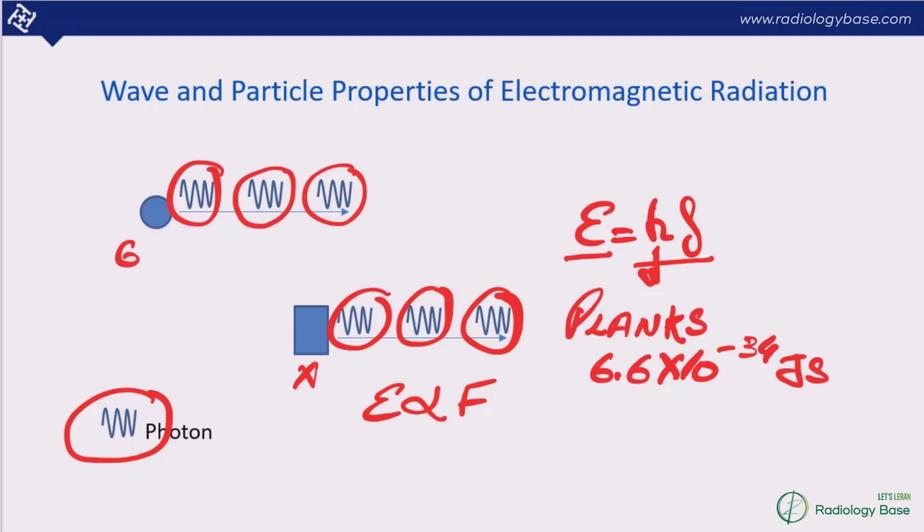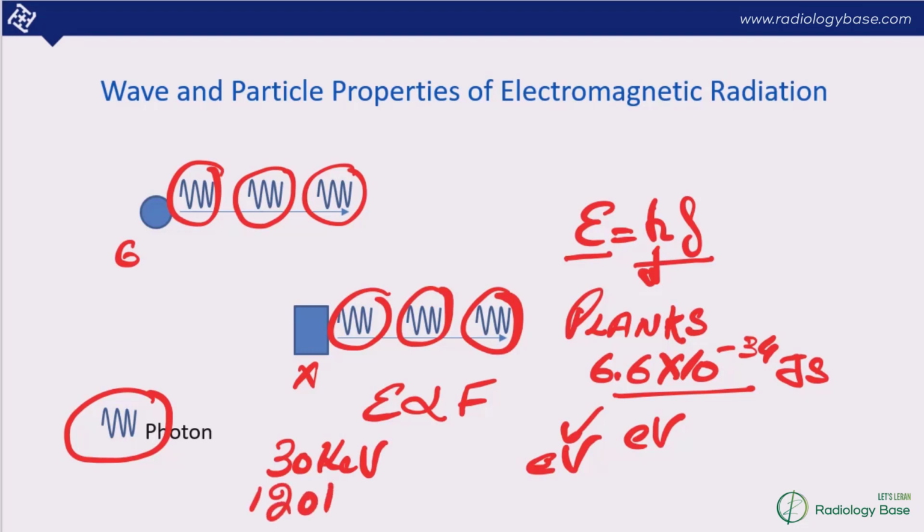But as this value is too minute, we use the electron volt, eV, to denote the energy of any photon. So it could be, say, a 30 keV photon, or a 120 keV photon, which we will be discussing in the coming lectures.